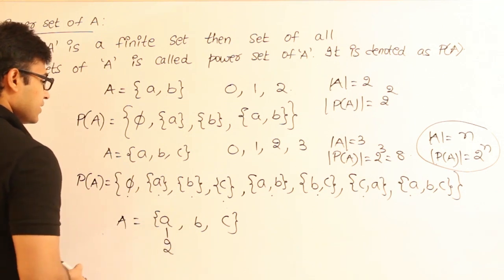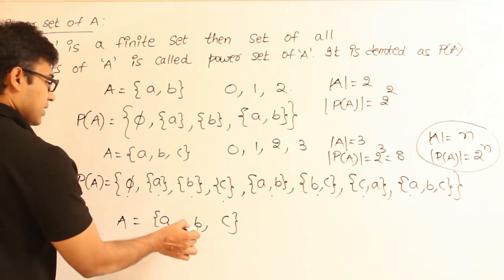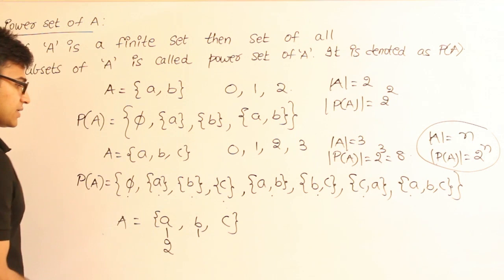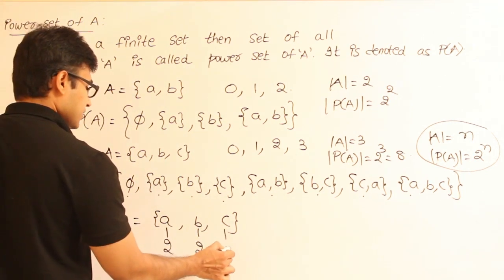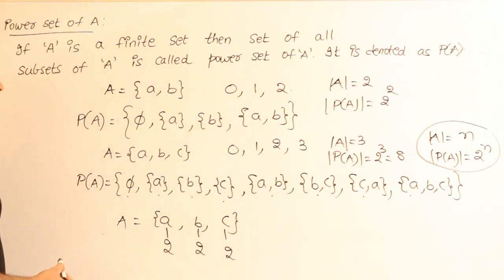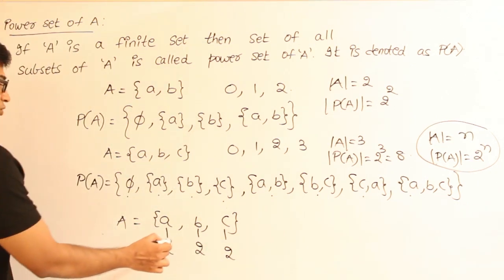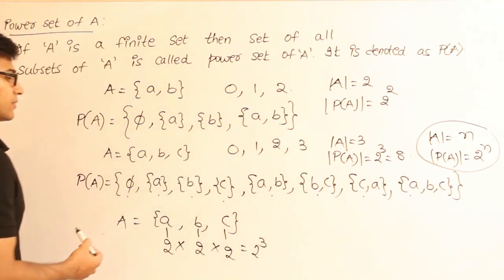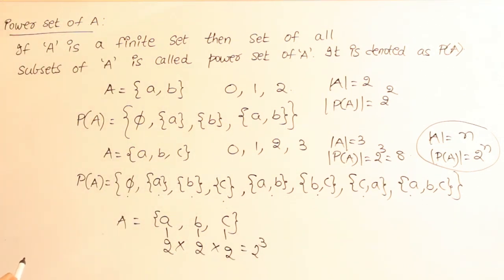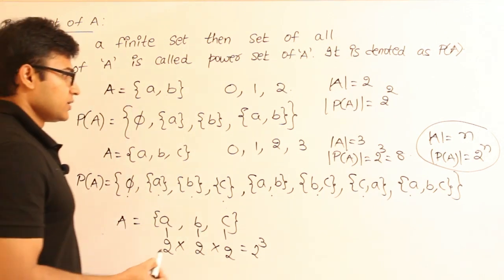Either this one may be present or it may not be present, and likewise for the next. That is how we get 2 into 2 into 2, which equals 2 power 3. Got it? Okay, so if you are not able to understand this, maybe you can think of it this way.